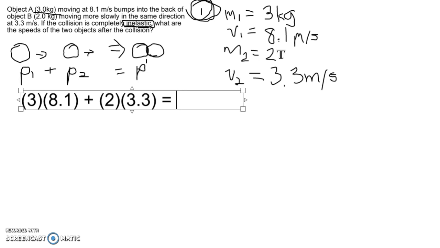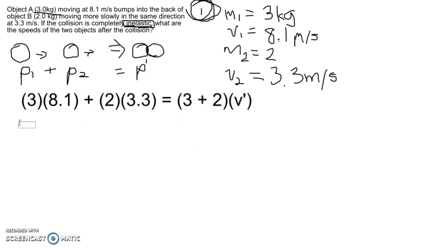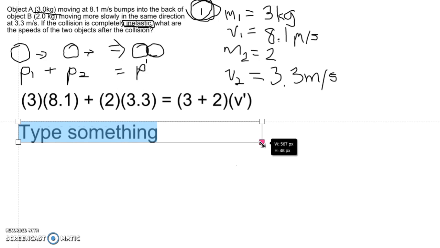We just add their masses together, so 3 plus 2. And the final velocity, I'll write V prime. Okay, so 3 times 8.1 plus 2 times 3.3, let's just do the math.